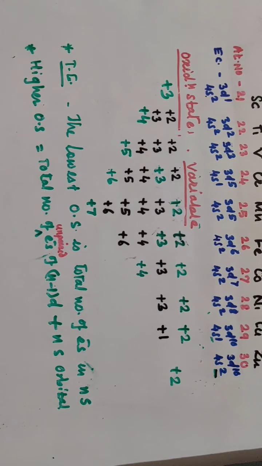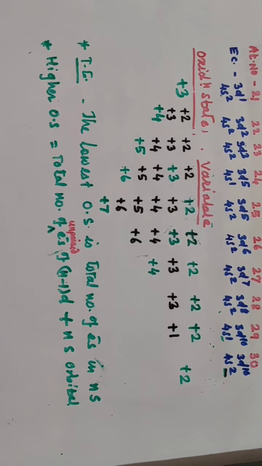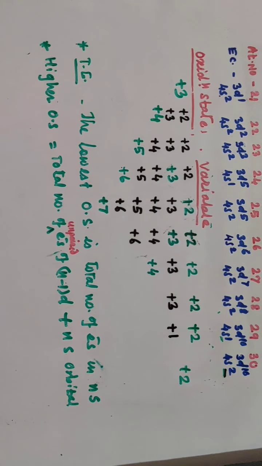In case of transition element, they can form stable compounds with higher oxidation states also. In case of p block element, they form stable compounds with lower oxidation state, and this is because of the inert pair effect. What is the inert pair effect?